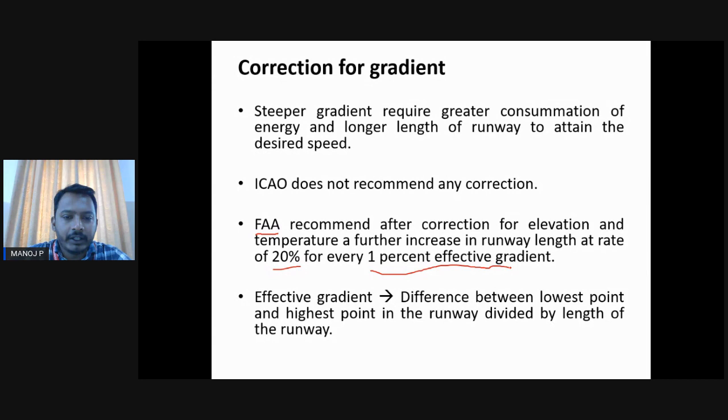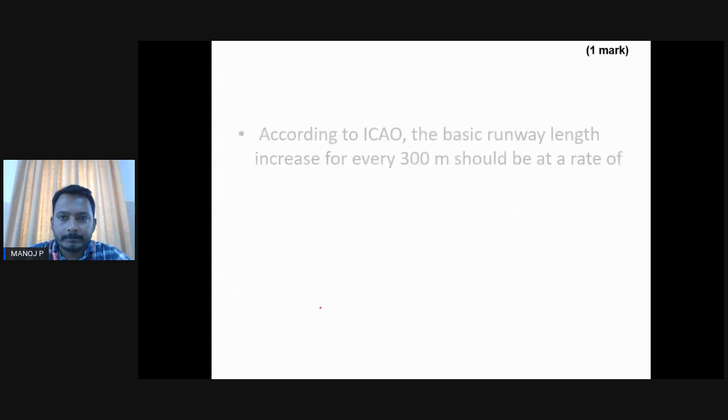What is effective gradient? The difference between lowest point and highest point in a runway divided by length of the runway. Assume that this is the lowest point, this is the highest point, divided by the length of the runway will give you the effective gradient.